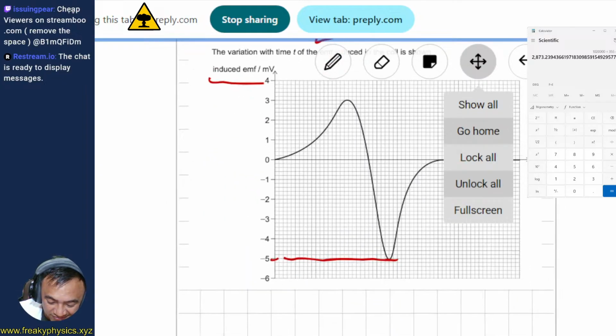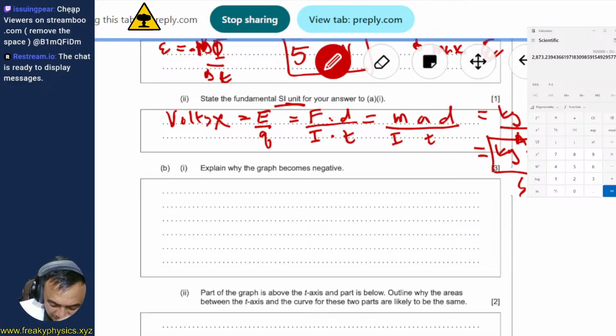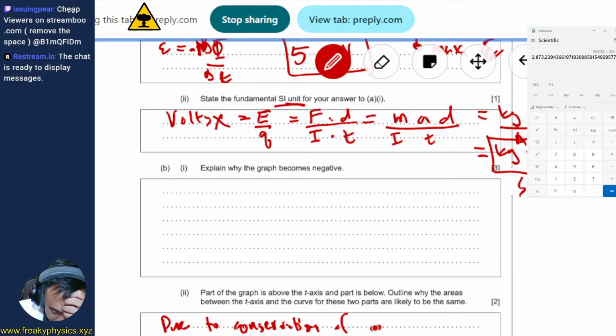All right, so let's do here. Due to conservation of energy, I'll write it here. Energy of the coil, the magnet, sorry, the coil magnet system must not change, right?